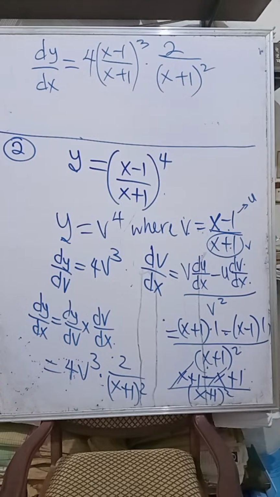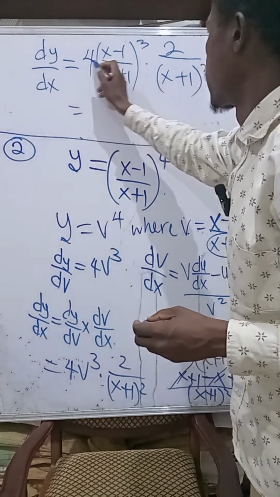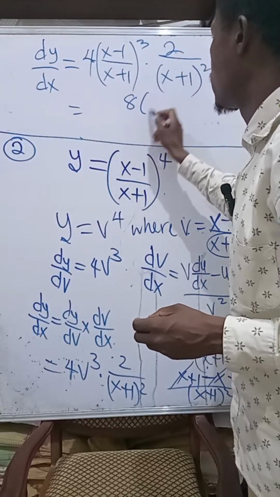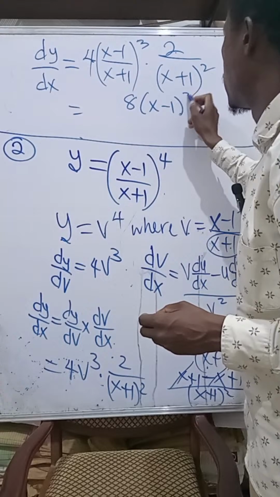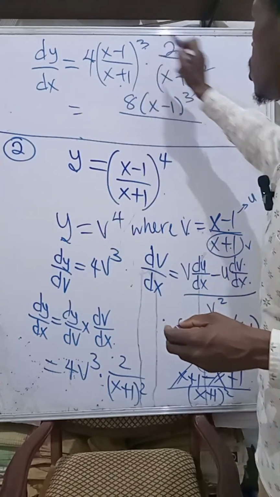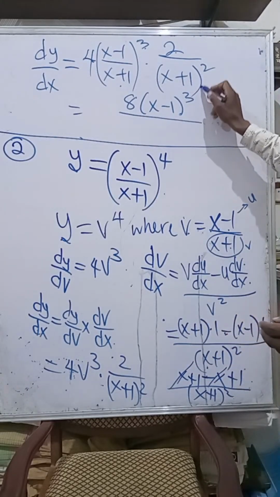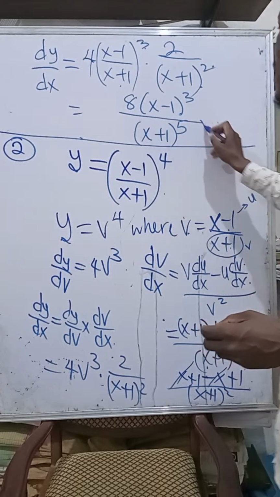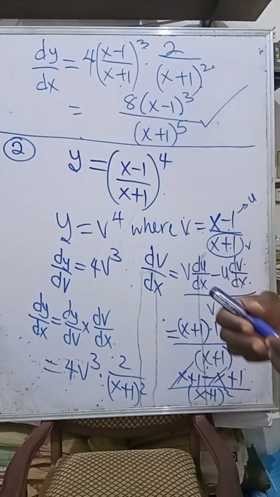So we can pull it together. 4 times 2, that's 8, times (x minus 1) to power 3, over (x plus 1) cube, times (x plus 1) squared. That's (x plus 1) power 5. And that ends that question.